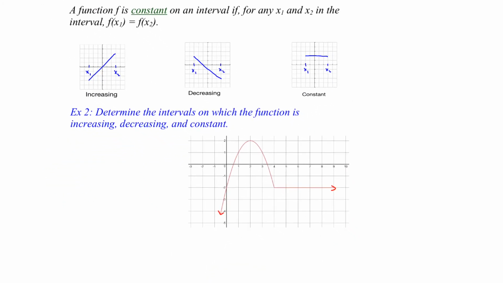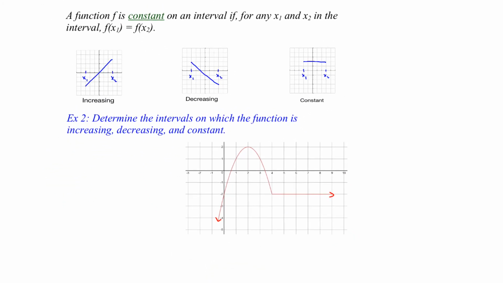So in example 2, determine the intervals at which the function is increasing, decreasing, and constant. So as we read this, you got arrows on both sides, so it is going on forever. So as you read this from left to right, this graph is doing what? What's happening to those y values? They are getting larger and larger and larger. So it's increasing over the interval of x from what?